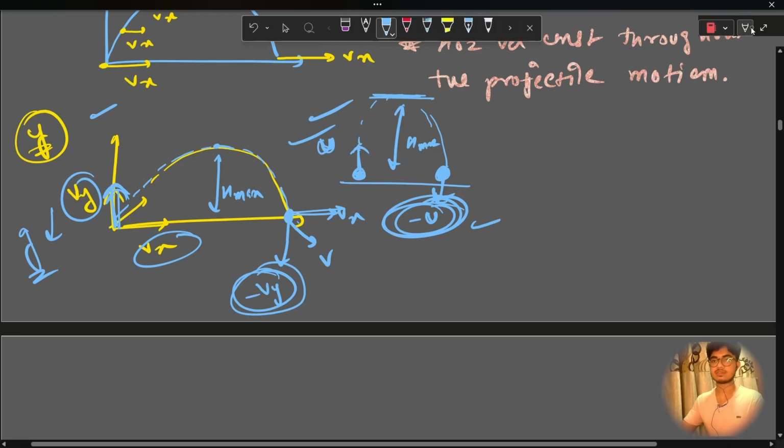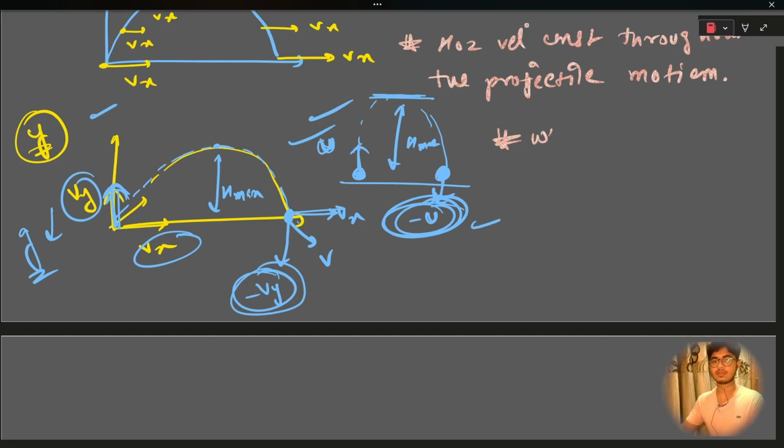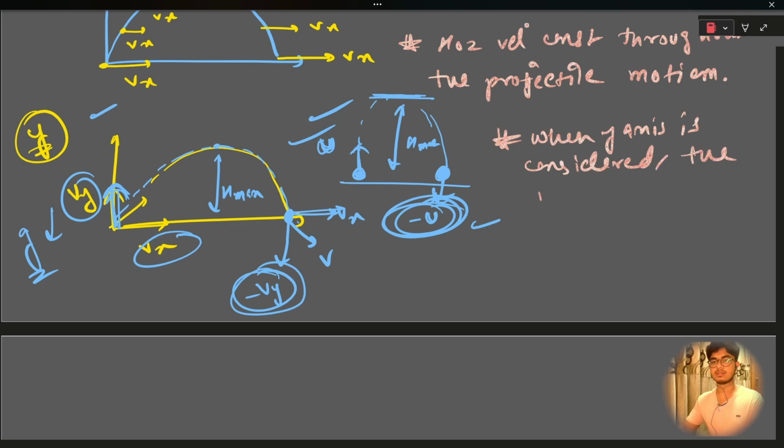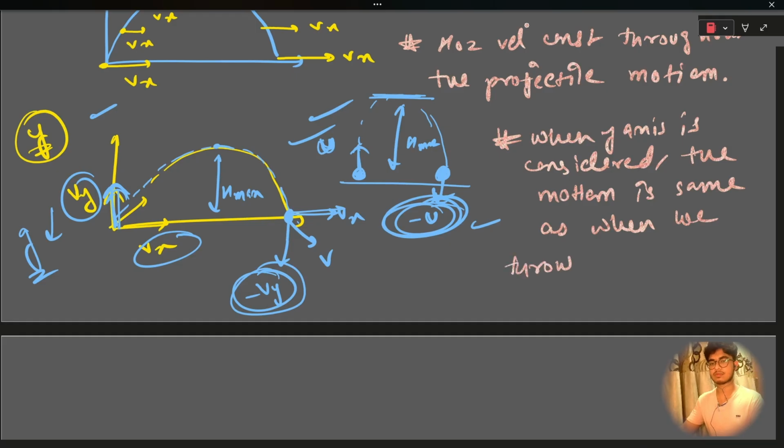So this is another inference: when the y-axis is considered, the motion is the same as when we throw a ball vertically upward.